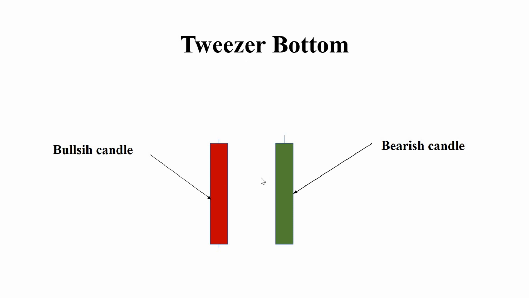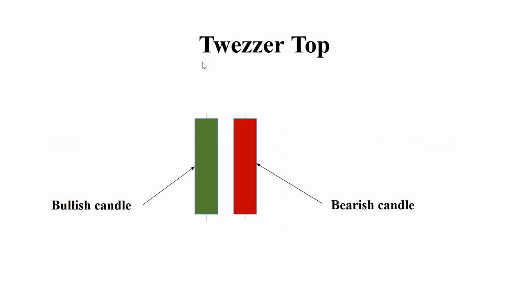So when you see this tweezer bottom forming at the end of a downtrend, it's a bullish reversal pattern, and then the tweezer top is a bearish reversal pattern.